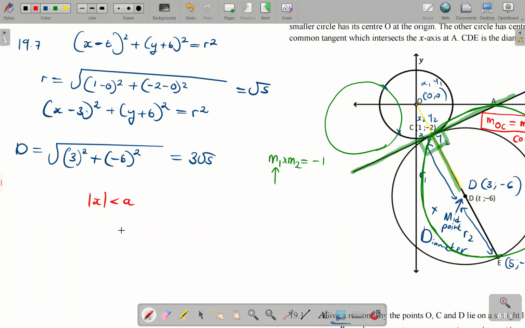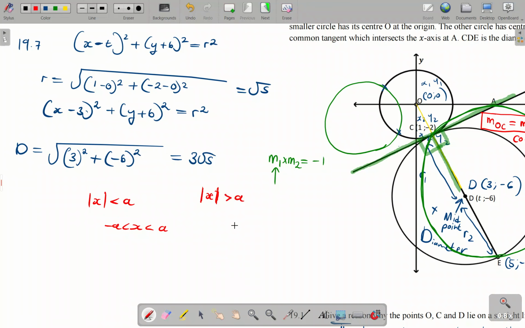So the answer here is x is greater than negative a and x is less than a. These two lines, guys, you see these two lines like this? We call this the absolute value.